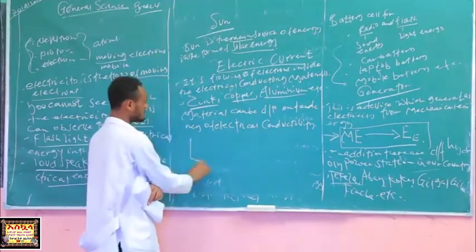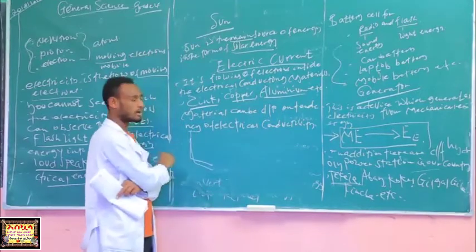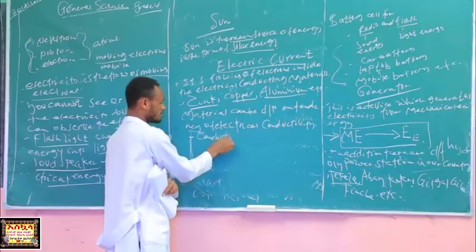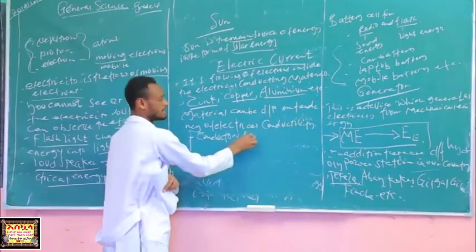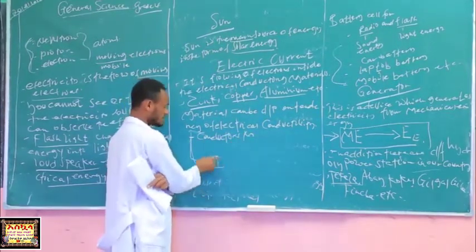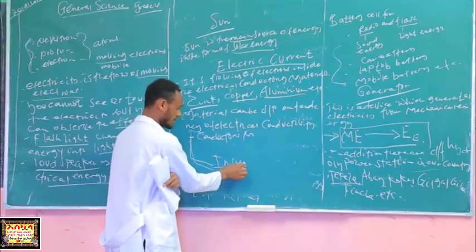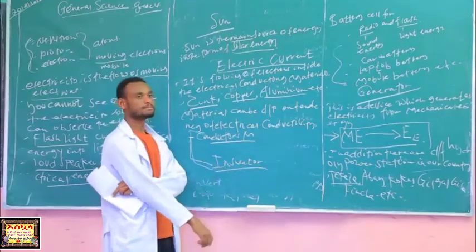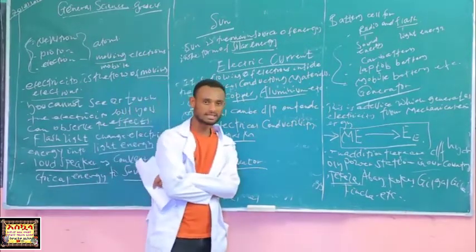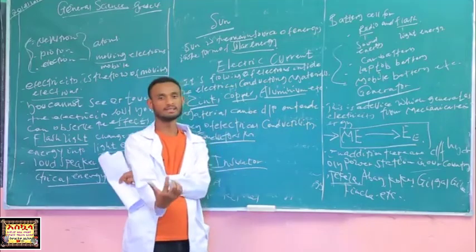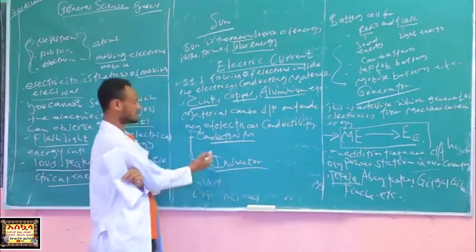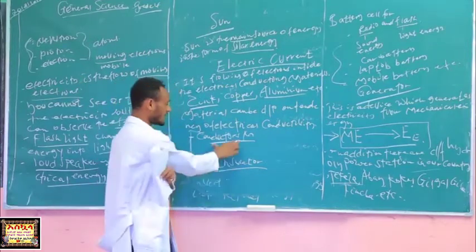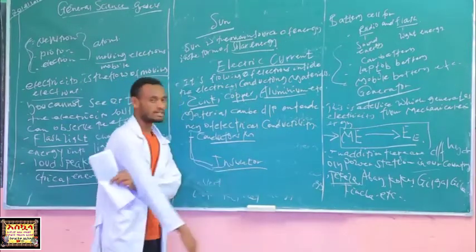The first one is conductor materials. The second one is insulators. Students, what are conductors? What are insulators? Tell your answer to your parents. What are the conductor materials? What materials conduct electricity? What are the insulators?